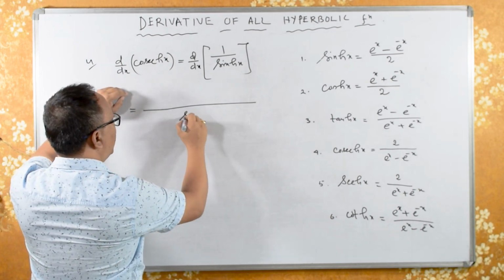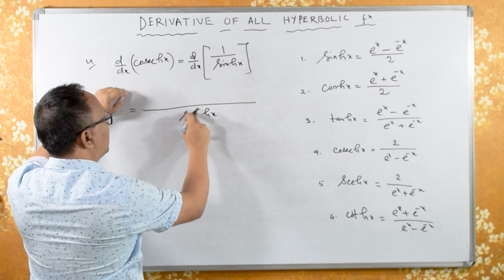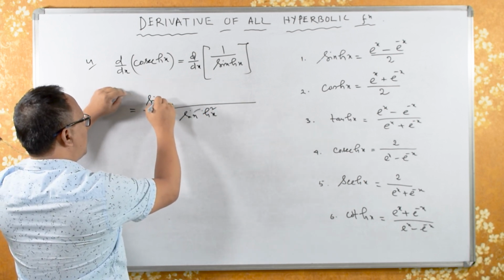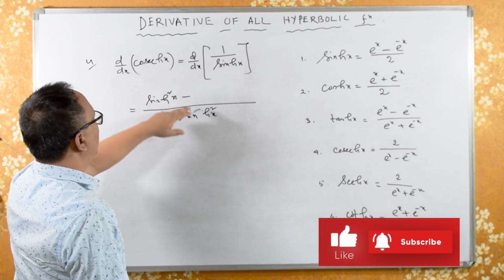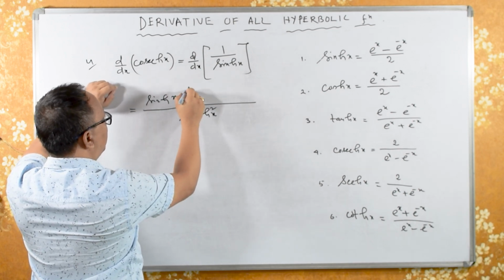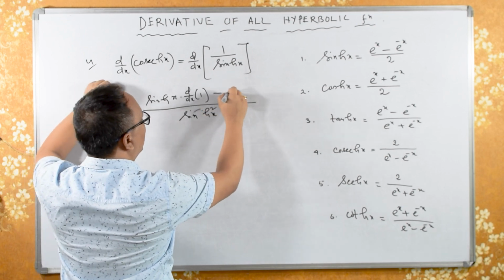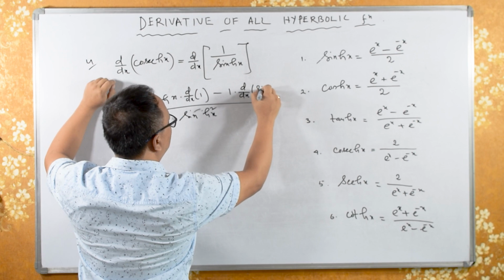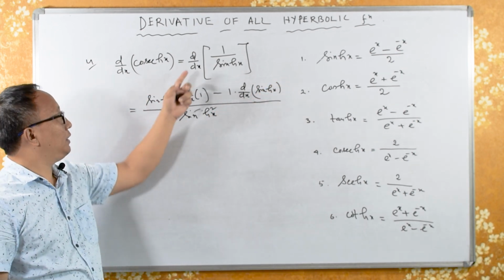We have sine hyperbolic square x in the denominator, times dy/dx of 1, minus 1 into dy/dx of sine hyperbolic x. This is how we are applying the u by v rule.